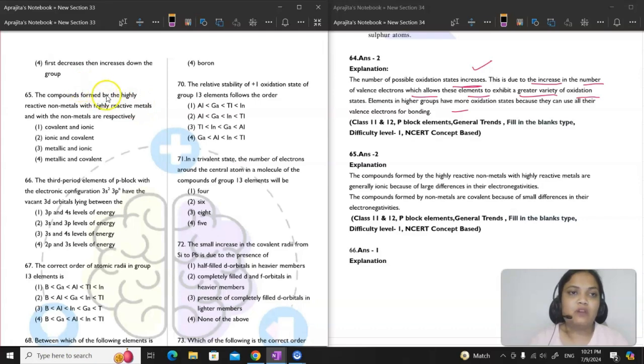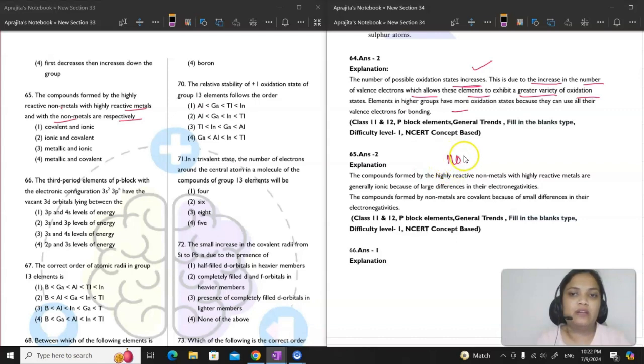Now question number 65. The compounds formed by highly reactive non-metals with highly reactive metals and with the non-metals are respectively. So students, you know that if non-metals react with highly reactive metals, there will be a transfer of electrons because of the large electronegativity difference, so they will form ionic compounds.